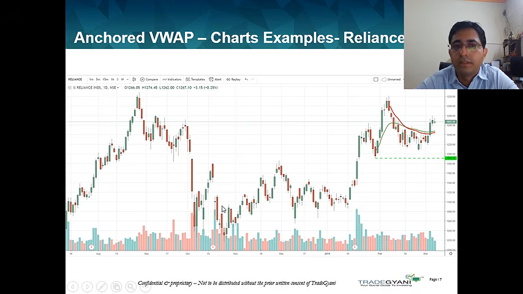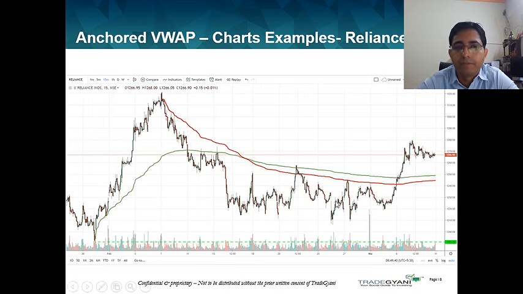This is a chart which is drawn on a 15-minute time frame. So this is Reliance on a 15-minute time frame. Starting points are the same. Only difference is when I had taken the anchor from below, I had to give 9:15 as an input time for that particular day.